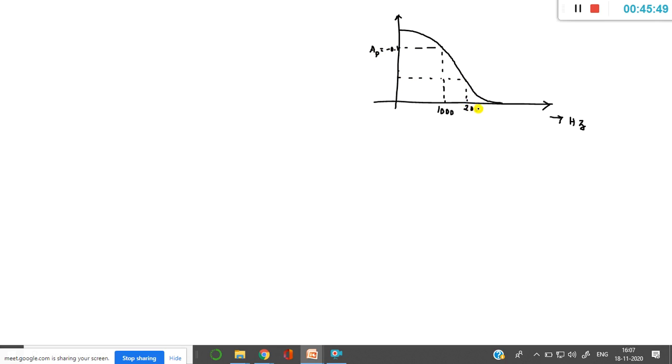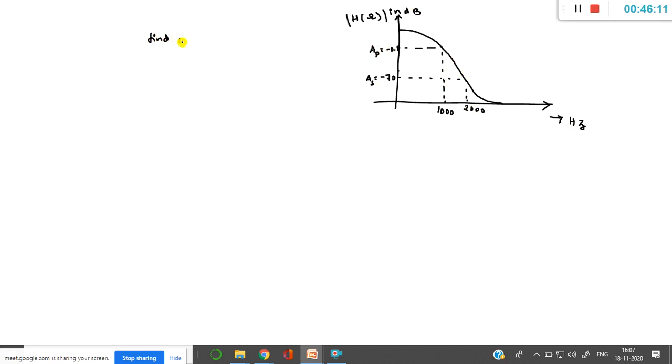Minus 0.1. And one more at 2000 hertz, the stop band attenuation at minus 70 dB, if I'm not wrong. So this is magnitude of H of omega in terms of dB, and this is in terms of hertz.